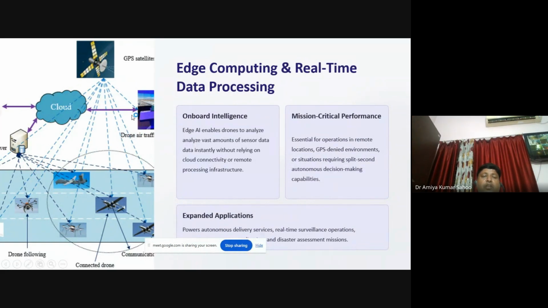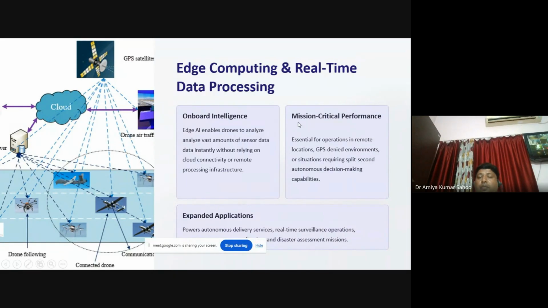Drone air traffic is also there, GPS satellites are also there, crowd is there. Which drone is following? That onboard intelligence, then mission critical performance. The edge artificial intelligence enables drones to analyze vast amounts of sensor data instantly without relying on cloud connectivity or remote processing infrastructure.